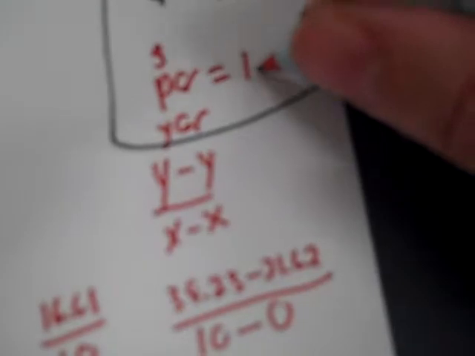And then the years that go with the 38.23 is 10, and the years that go with 21.62 is 0. So 38.23 minus 21.62 is 16.61. And then 10 minus 0 is 10. So 16.61 divided by 10. Just put $1.66, okay?